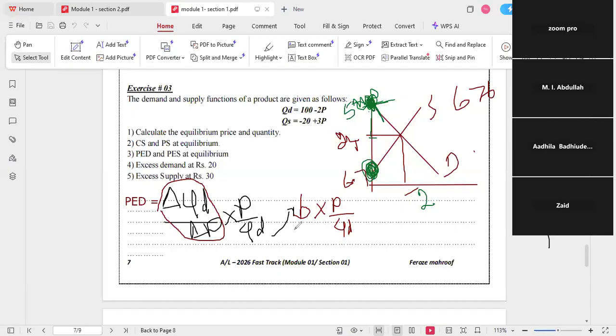So B into P over QD. So what is B? Minus 2.